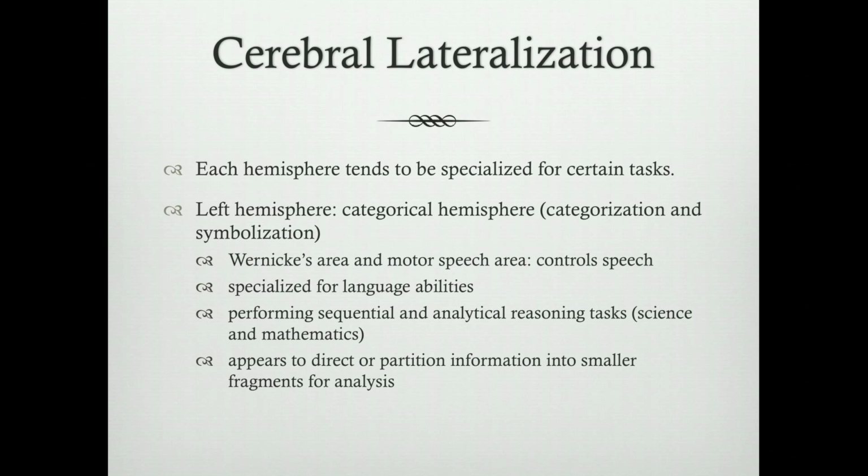Some people are going to add 60 and 70 and get 130, and then add the extra 3 and get 133. So this is all that partitioning that I was talking about, right? And that is kind of key to understanding the left hemisphere and its direct specialties, so to speak.